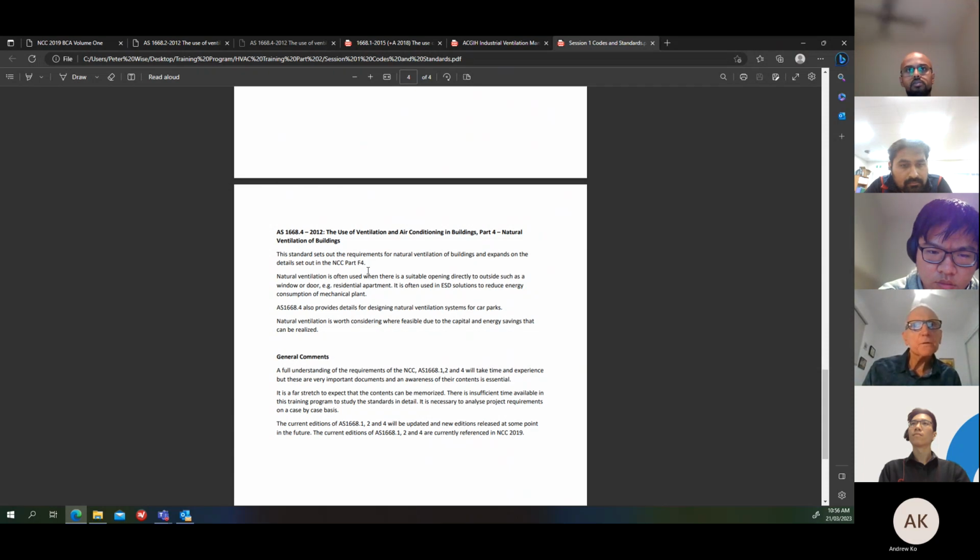That has been quite popular for reducing energy consumption and saving capital cost on air conditioning plant. And it also provides details for natural ventilation of car parks, which is an option that's quite useful if the car park's above ground. It's quite detailed, but if you work through it, there's certainly savings to be made in mechanical ventilation systems. So it's worth considering, and I won't go through that code because we're just about out of time.